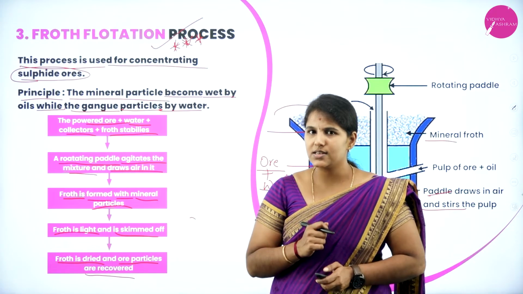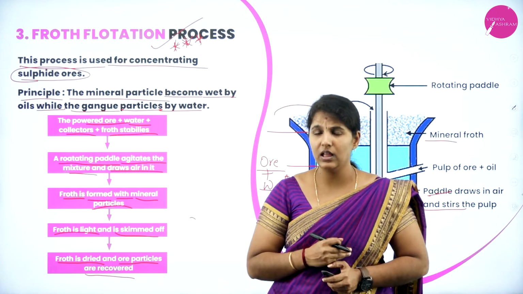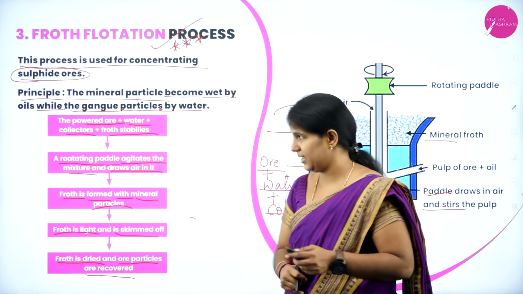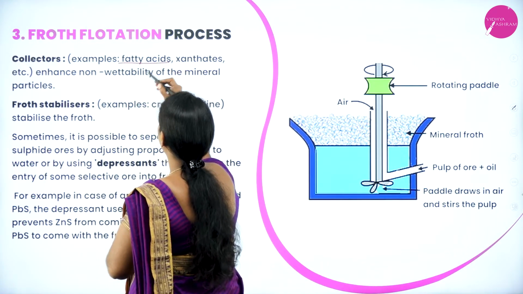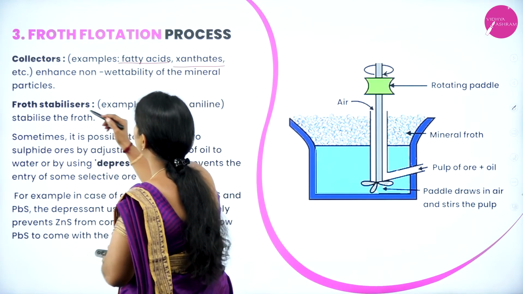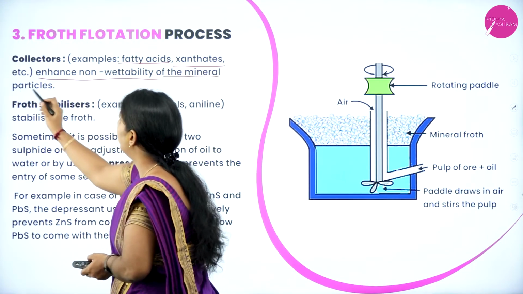Next, we will understand what this collector is, what this stabilizer is, and why we are using them. Let us understand now. The collector is an example of the fatty acids or the xanthates. It enhances the non-wettability of the mineral particle.